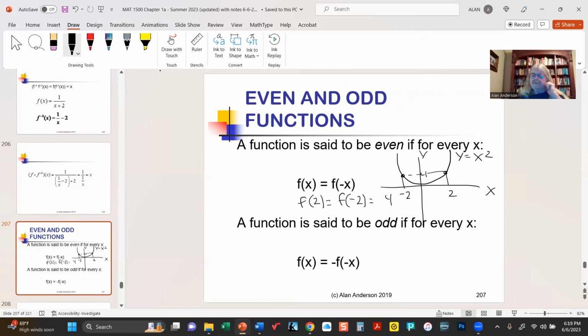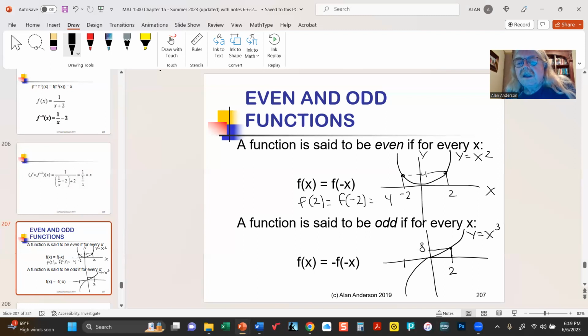Now, this one would be something like this. Let's just say, for example, I chose 2 and negative 2. 2 cubed is 8. Negative 2 cubed is negative 8.